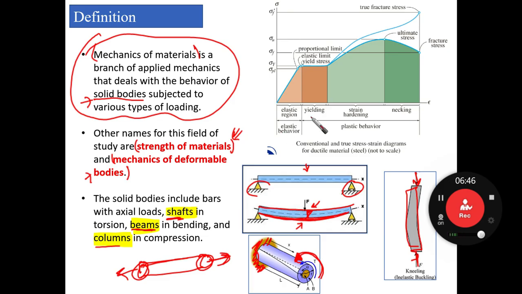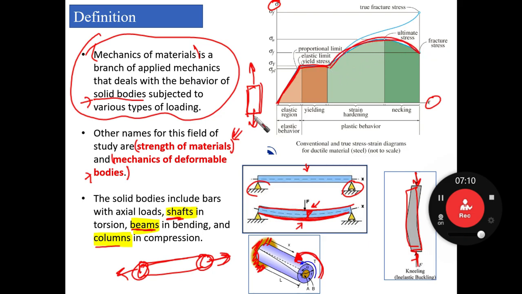For example, in this figure, you can see that we have stresses on the vertical axis, strains on the horizontal axis. If we're talking about steel, for example, we're going to find that for a steel specimen under tensile forces, the behavior is going to be something similar to what you are going to see here.